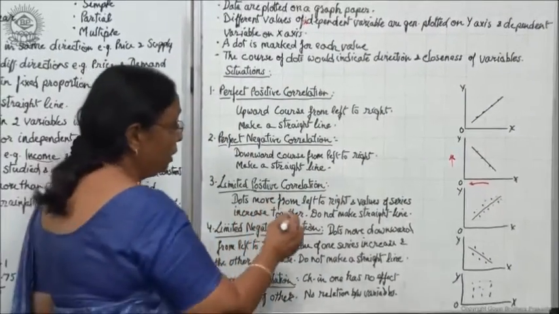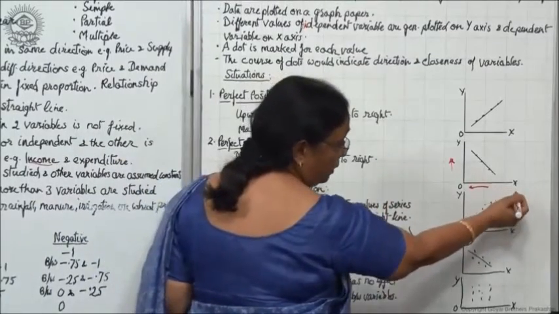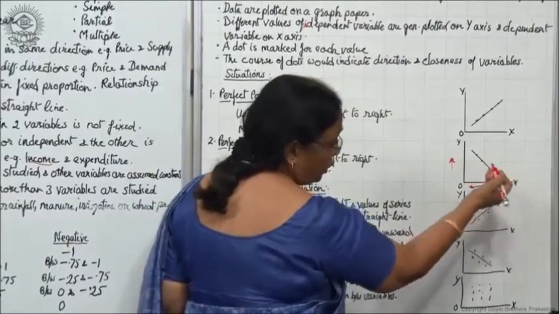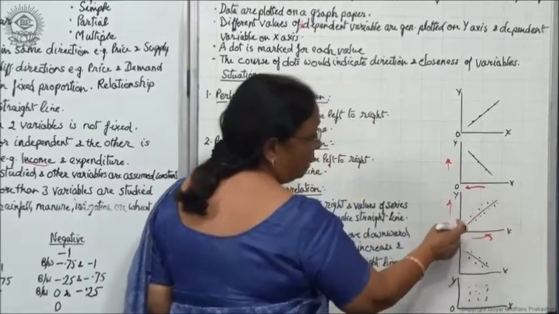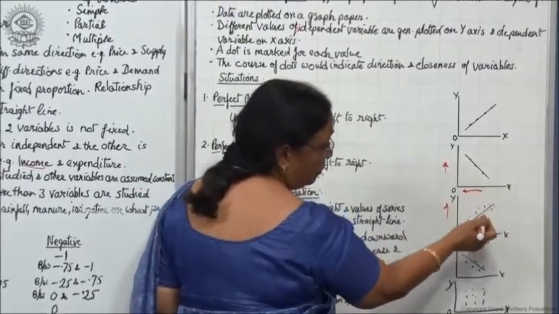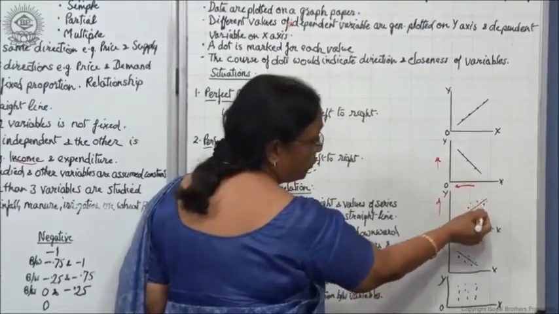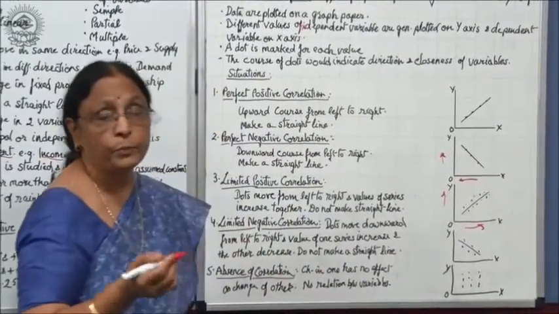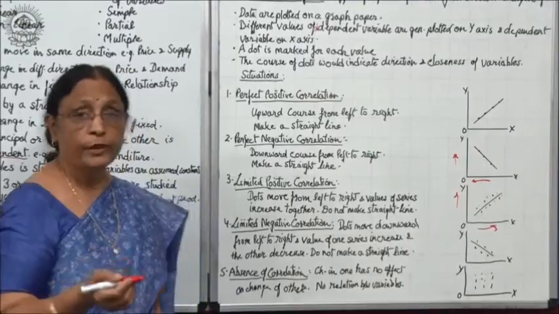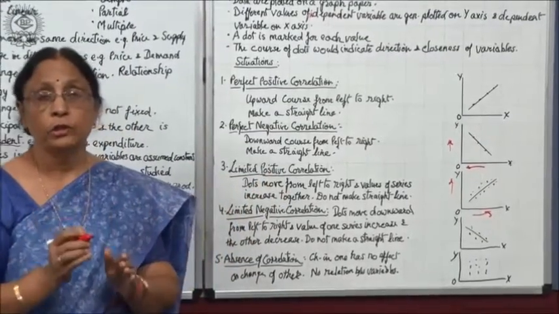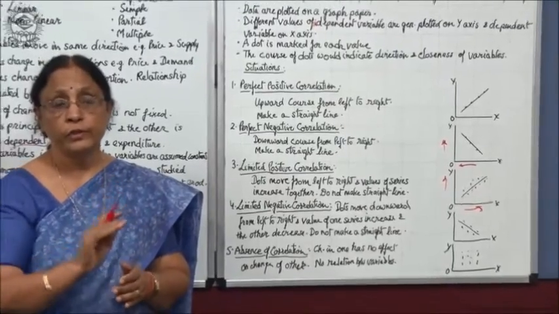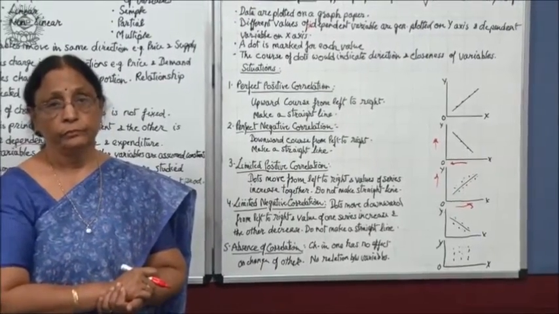They are moving from left to right in the positive direction, one is increasing, another is also increasing, but the dots are not on a straight line. So though it is positive, it is not perfect positive, it is limited positive because the dots are not falling on a straight line. Clear?